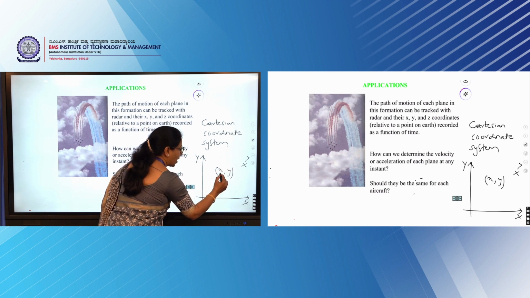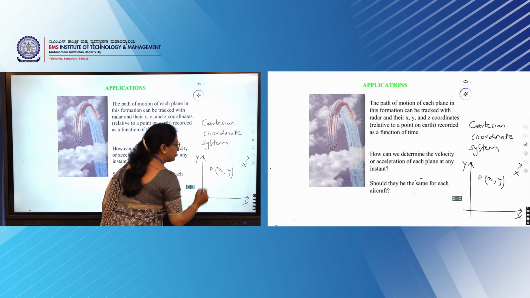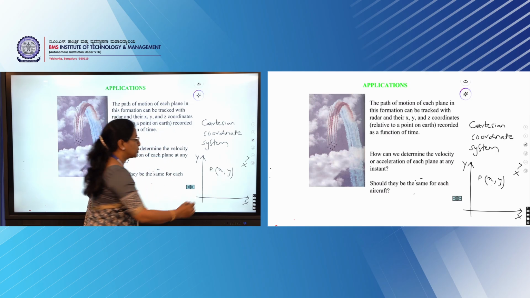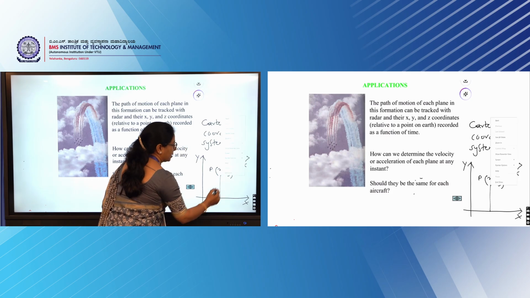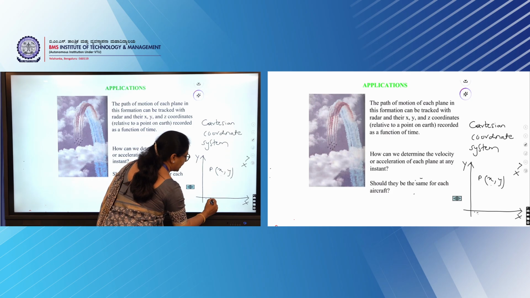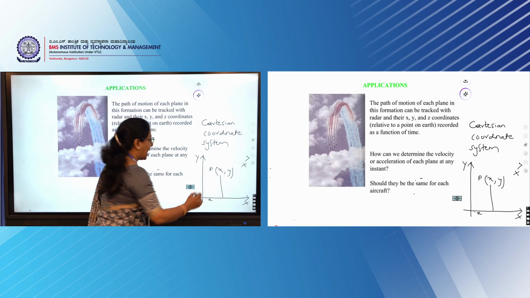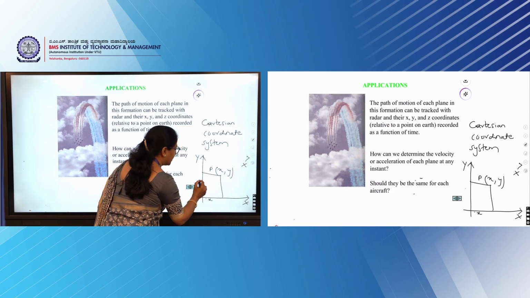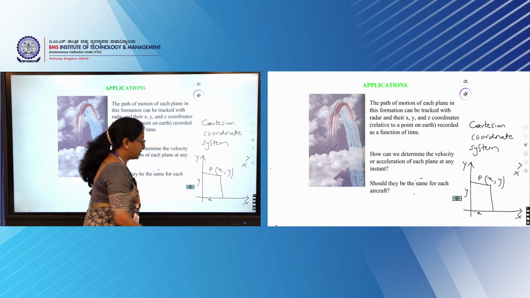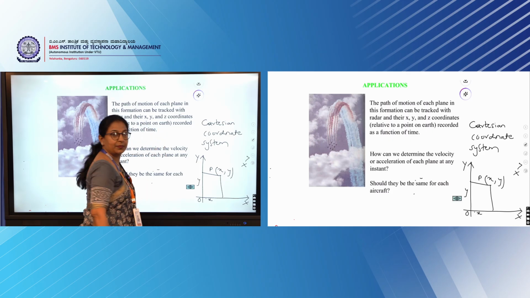This x comma y is the representation of the point P. Its abscissa is the x coordinate, and this is the ordinate, a perpendicular distance y, and this is the origin.